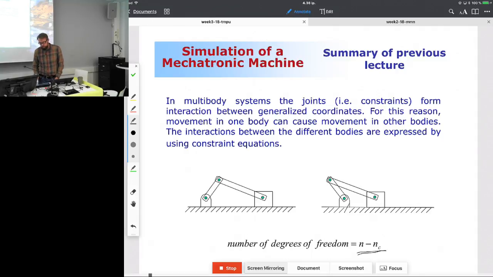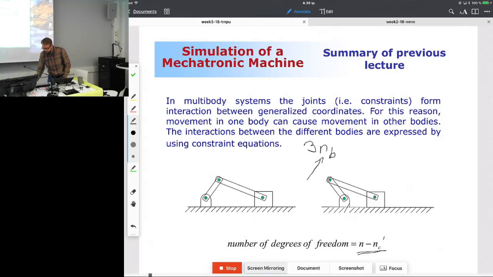You first compute the number of generalized coordinates, and that depends on the number of bodies. In the two-dimensional case, the equation is this one here: the number of bodies multiplied by 3. So if you have 10 bodies, you have 30 generalized coordinates.